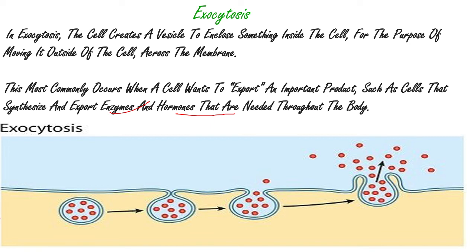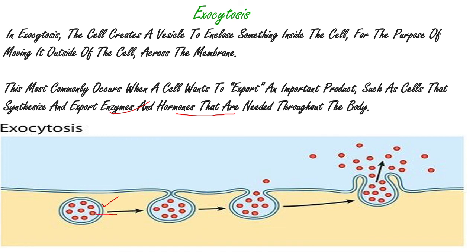For example, take the beta cell of the pancreas. The beta cell of the pancreas synthesizes insulin, but insulin is not used by the beta cell itself. It has to be exported outside the cell so that it can be used by the body's other cells. So what happens? These insulin molecules get entrapped into vesicles.